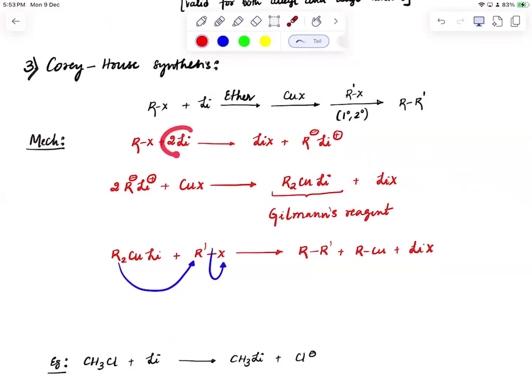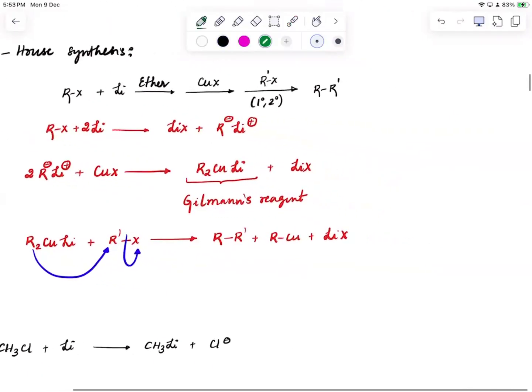Imagine that lithium gives electrons to it, so it becomes LiX and also becomes R minus Li plus. And if you react 2 moles of this R minus with a cuprous salt, cuprous chloride, cuprous bromide, anything, then you will get R2CuLi, a complex. How does it look?